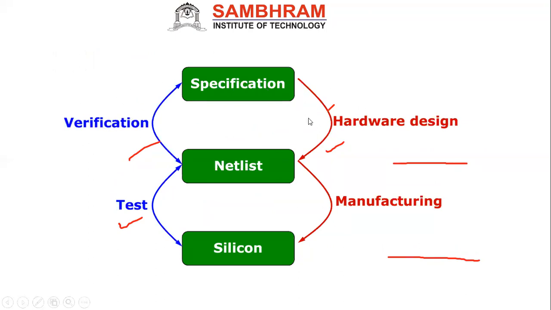From the specification to netlist, we'll get the hardware design. Next, from netlist to silicon, that is nothing but testing. Here we'll do the testing from netlist to silicon. This is the process, nothing but the manufacturer testing I can say.